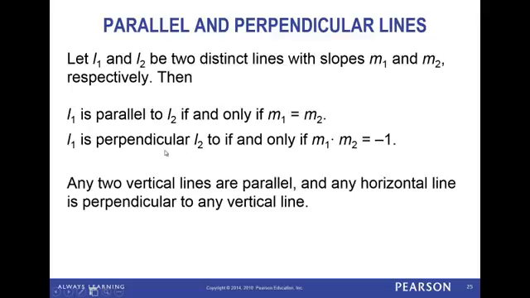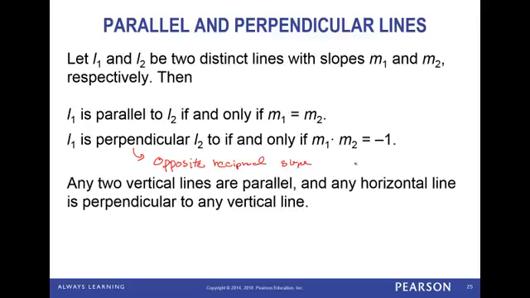Perpendicular lines, if you were to multiply the two slopes together, they become -1. The way I like to say it, and I think most teachers do it, is they have opposite reciprocal slopes.